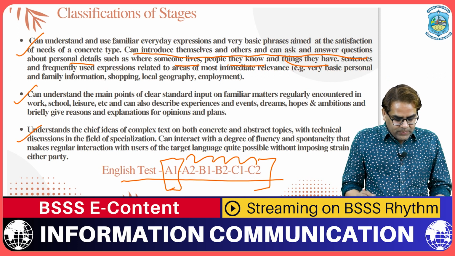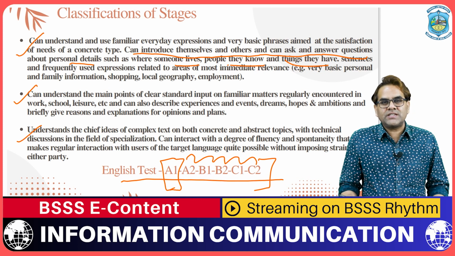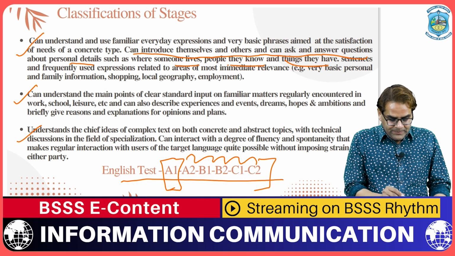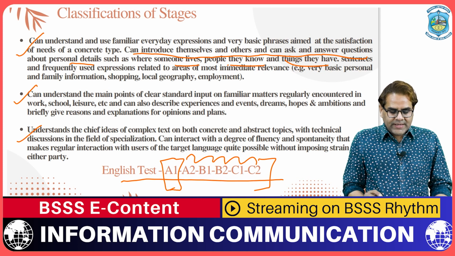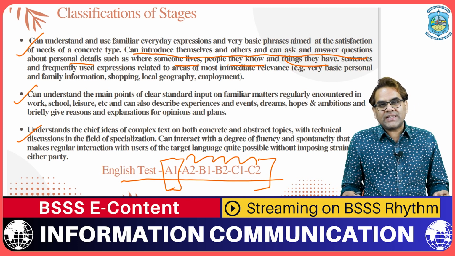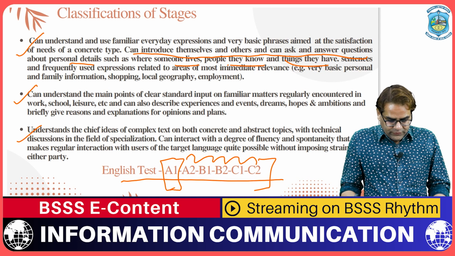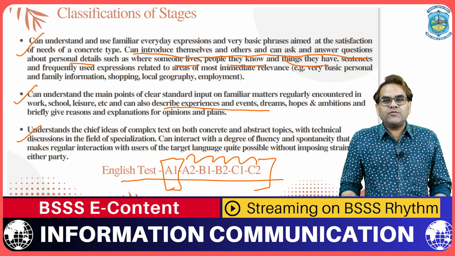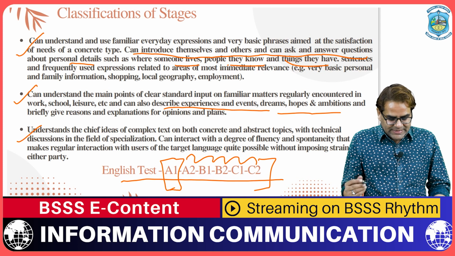Then in the second bullet point, we can look at the main points of clear, standard input, which includes work, school or leisure encounters one comes across in communication. It describes experiences involving events, dreams, hopes and ambitions, etc.